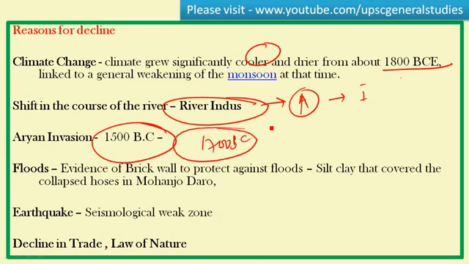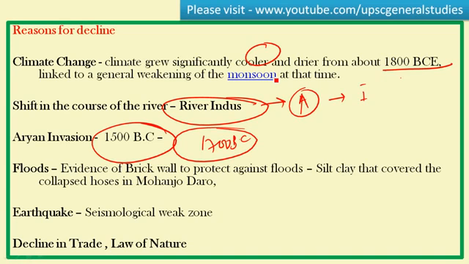The historians assume that Aryan invasion led to the decline of Harappan civilization. They invaded the locals, whom they called Dasyus and Dasas, and they attacked the locals, and this led to the destruction of this civilization. That was another theory.